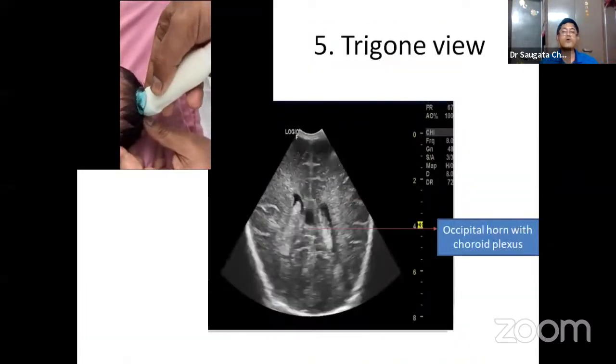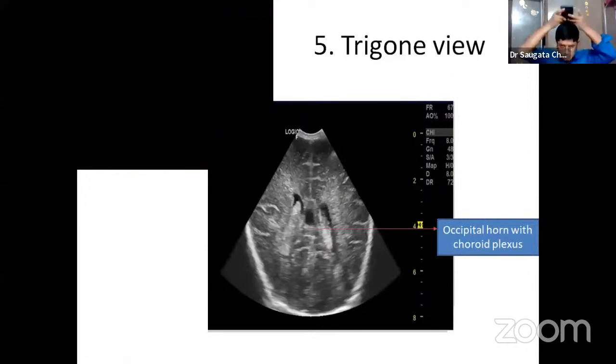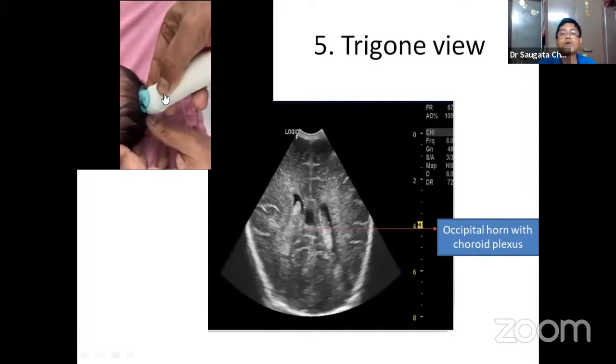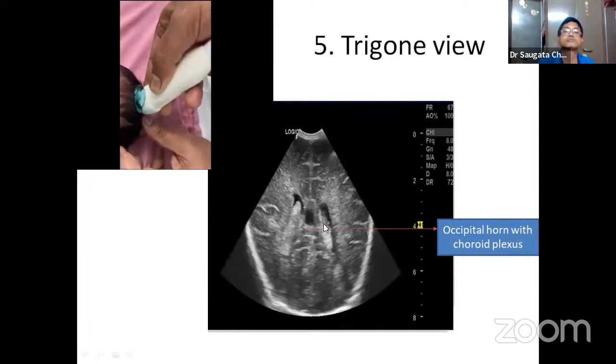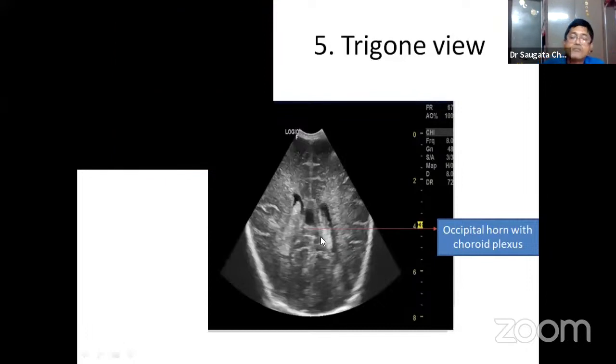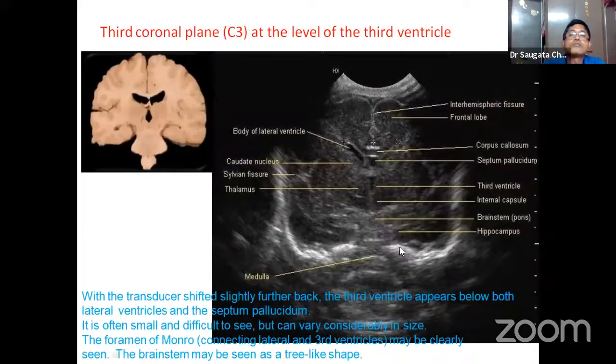Now go more posteriorly. If we go more posteriorly, we are seeing the occipital horn and choroid plexus, and the body of the lateral ventricle.